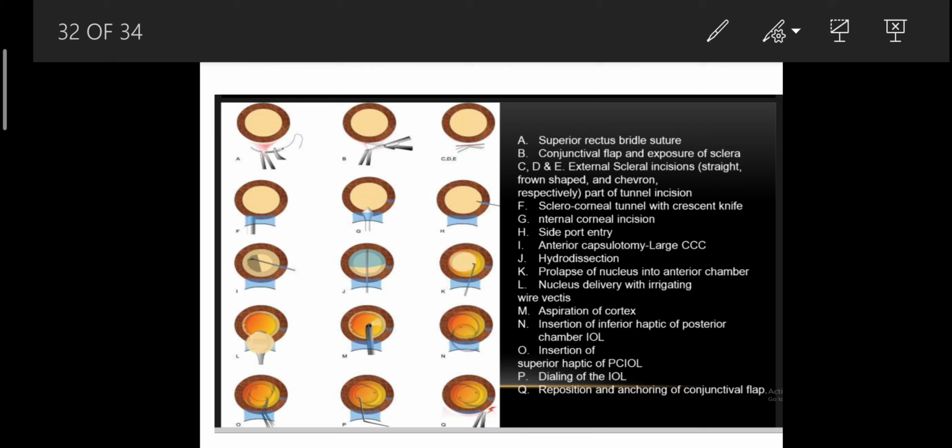So it's a 3 planar incision. We are making an incision in the sclera, then we are making a tunnel, then we are entering into the anterior chamber. It has the property of self-healing, and we need not put sutures. We just approximate the conjunctiva, give a subconjunctival injection, and patching of the eye is done, similar to ICCE and ECCE.